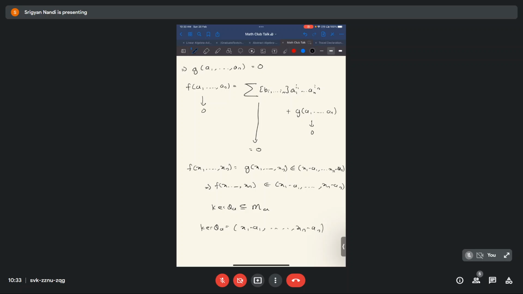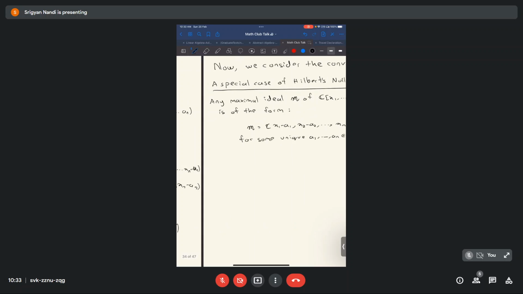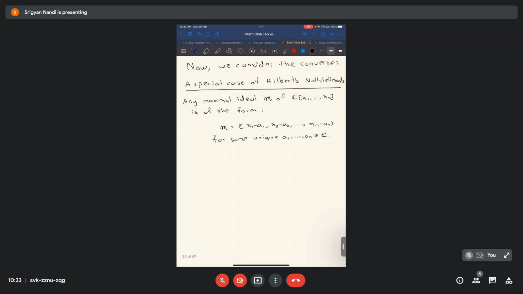This was one of the results that we did want, since it was pretty much obvious by natural intuition and symmetry that this should be a maximal ideal. Now I will not prove the next result, although I will state it, which is a special case of Hilbert's Nullstellensatz, the exact converse.